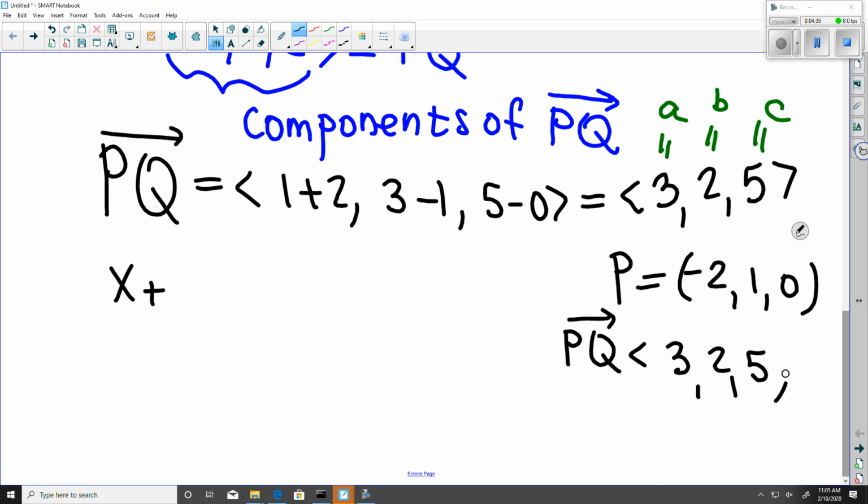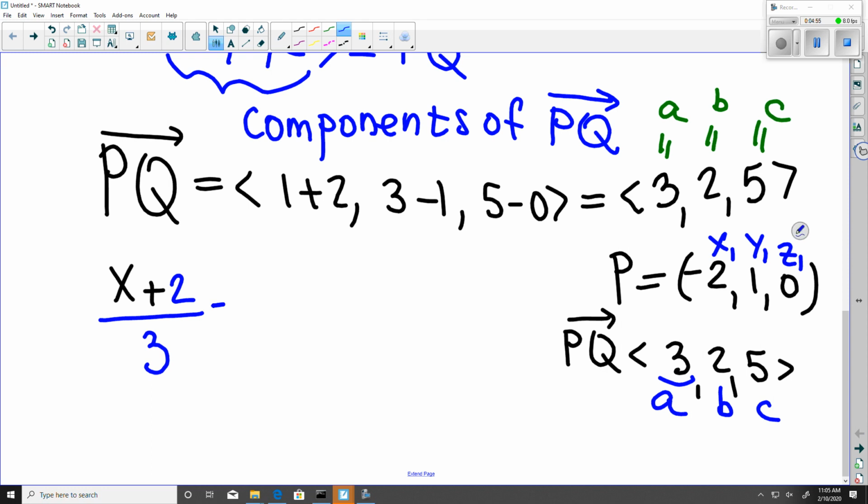And we said that 3, 2, 5 are A, B, C, and we said this is x1, y1, z1. Okay, now I'm plugging it in. X plus, by formula, it's x minus x1, so x plus 2 over 3 equal y minus 1 over 2 equals z minus 0 over 5.